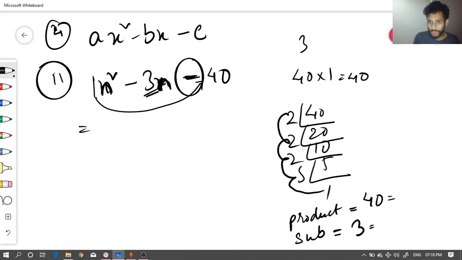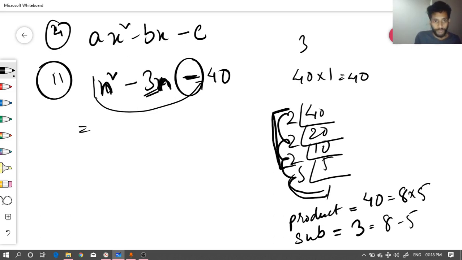What are the numbers whose product gives 40 and subtraction gives 3? If I take these three 2s together, it will be 8, and the other is 5. Okay, 8 minus 5.